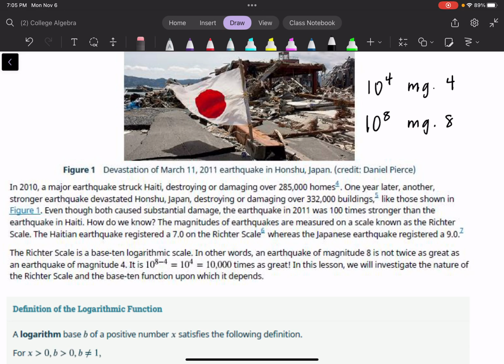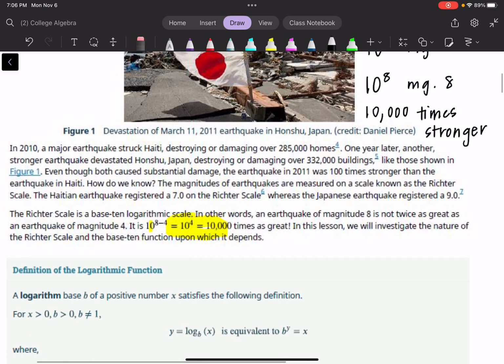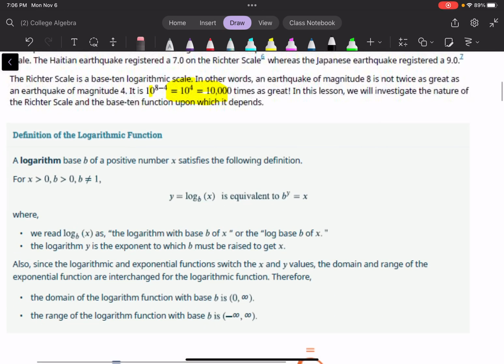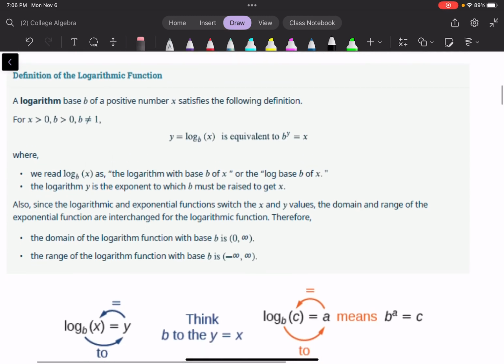Instead, what we're actually seeing is this relationship right here. The difference is actually 10,000 times more intense from a magnitude 4 to a magnitude 8.